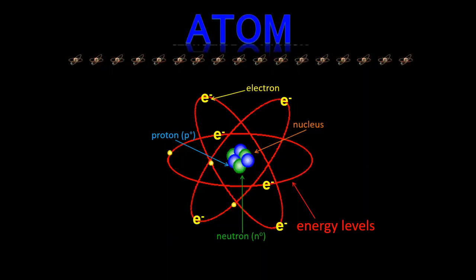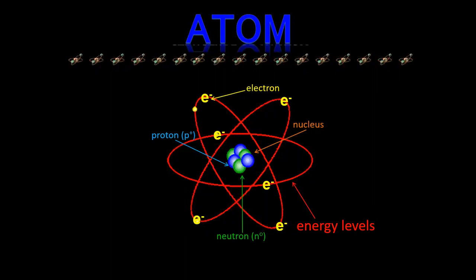Okay? Now, there's a law in electric charges which states that opposite charges attract each other and same charges repel each other. And since the electron is a negative charge, it is attracted to the nucleus, which is a positive charge. All right? Now, the electrons are moving very quickly so they don't fall into the nucleus.